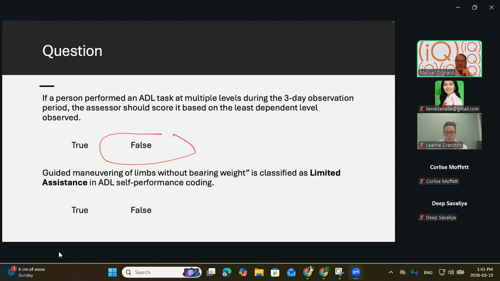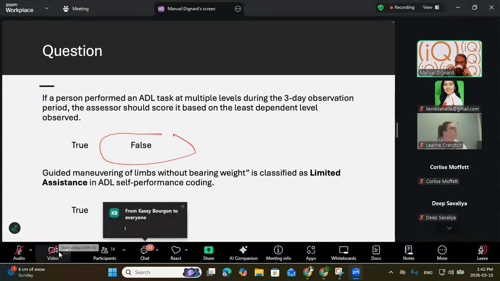Next question. Guided maneuvering of limbs without bearing weight is classified as limited assistance in ADL self-performance coding. Correct.